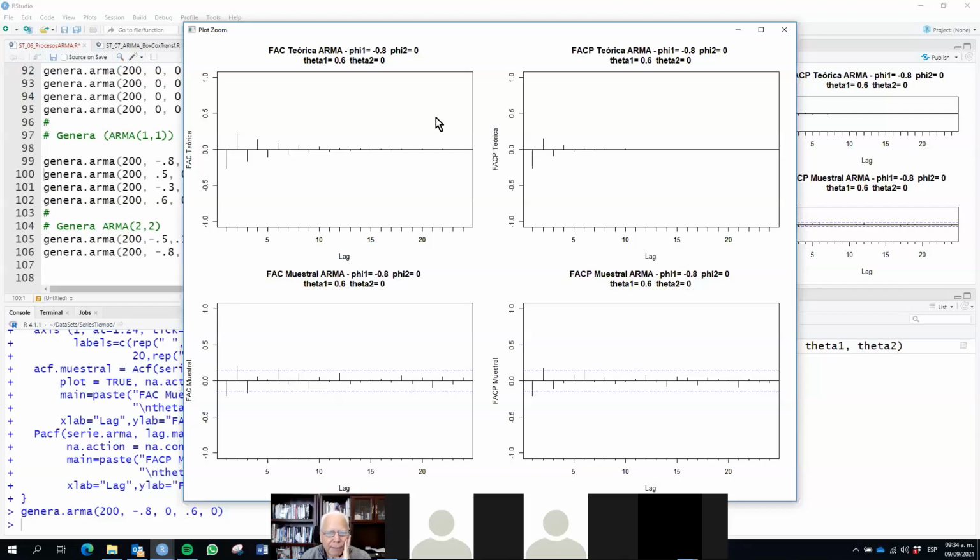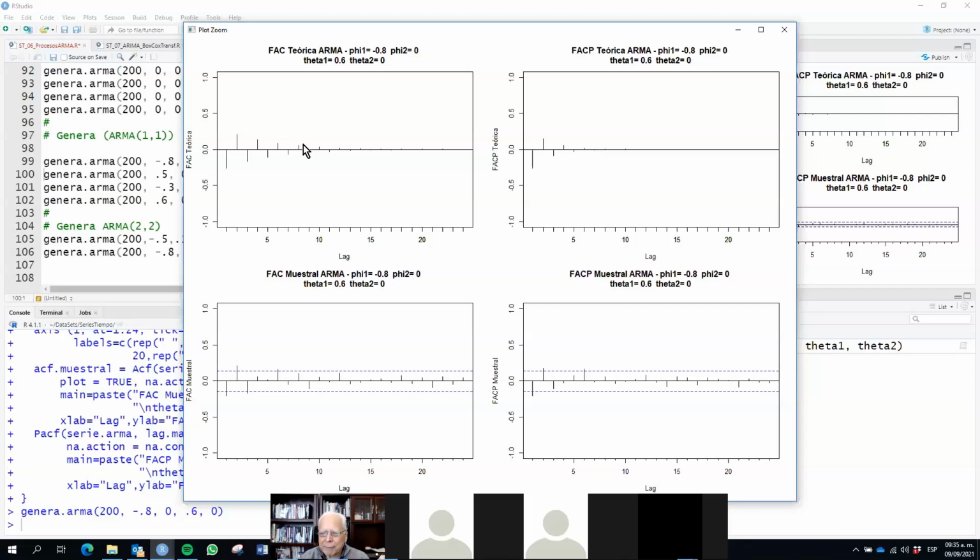Notice that phi is -0.8, so that's why we have alternating signs. What we just saw is that for an ARMA(1,1), from lag 2 and on, the autocorrelation function behaves like the ACF of the original series.